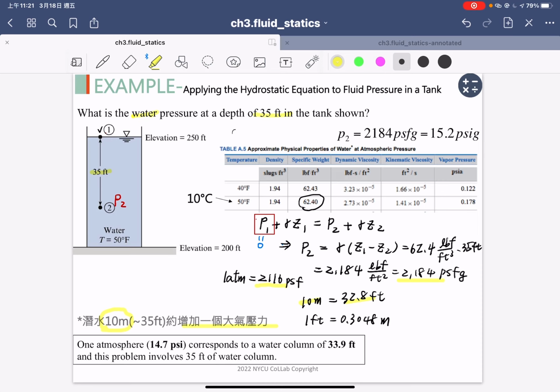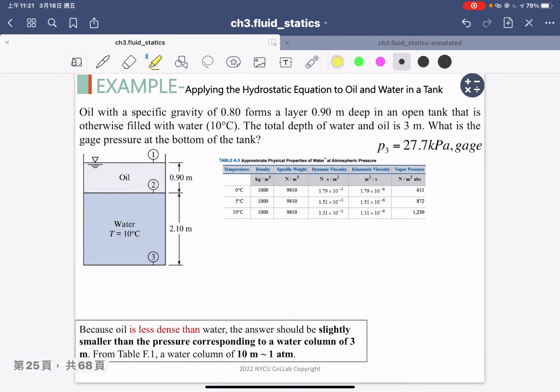Okay, so the next question is different, though the same ideas apply. At the top I put oil, and the bottom is water, with different liquid depths. As I emphasized, only within the same fluid can we satisfy the hydrostatic equations.